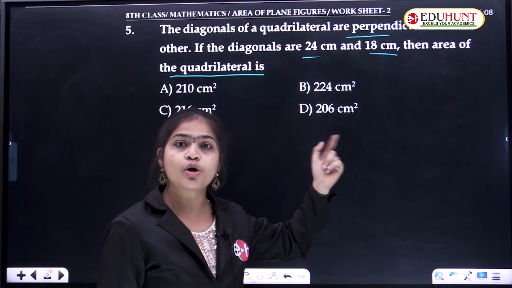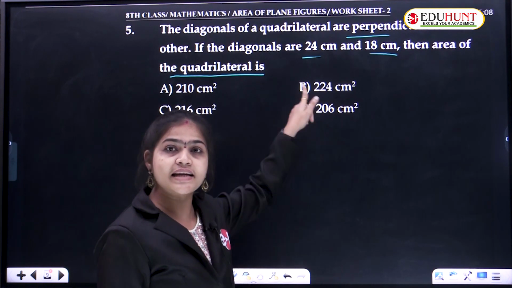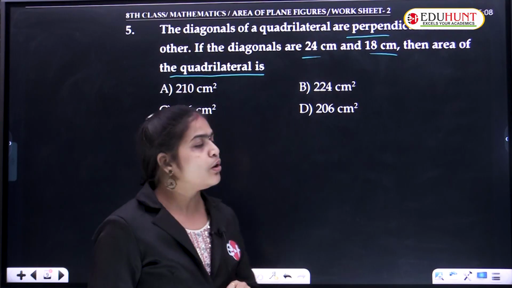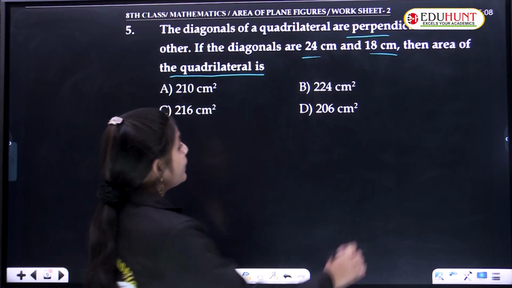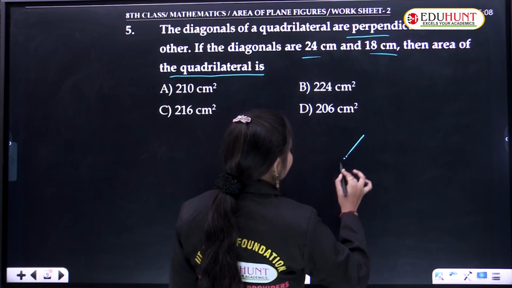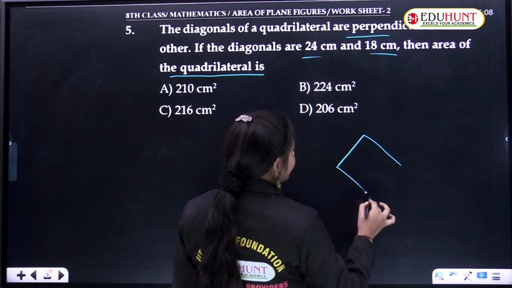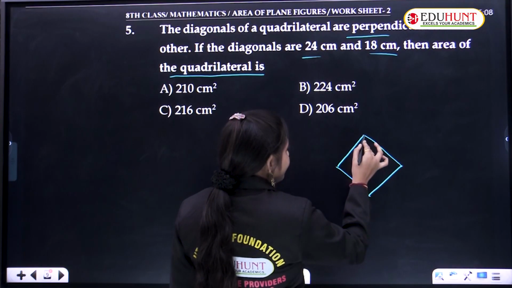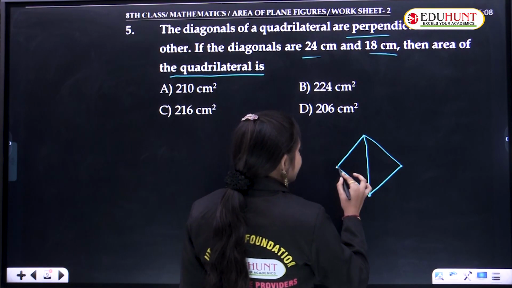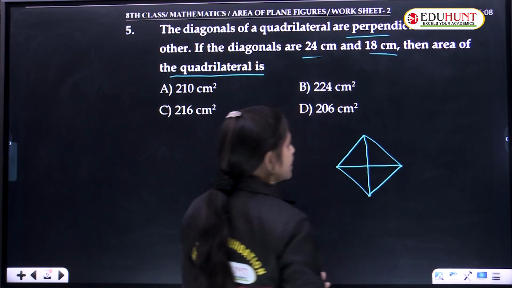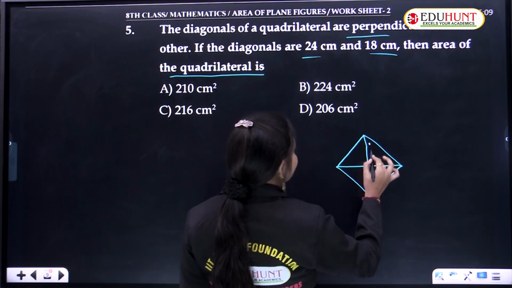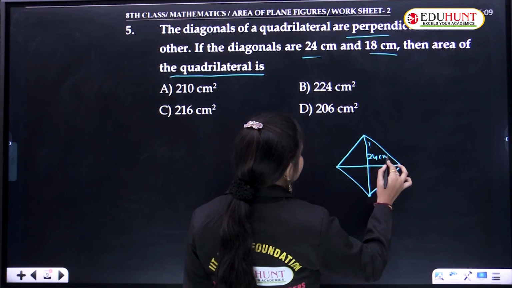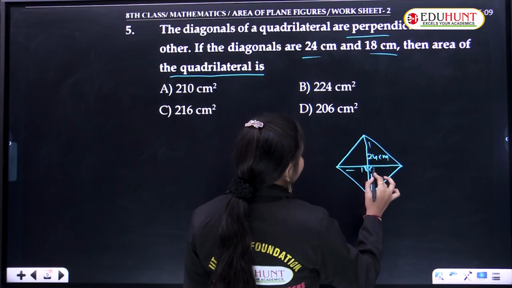Indirectly, by using the property of the quadrilateral, they are giving the name of the quadrilateral. The diagonals of the quadrilateral are perpendicular to each other, and the diagonals they gave as 24 centimeters and 18 centimeters.